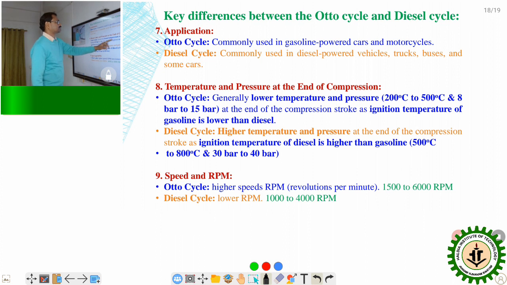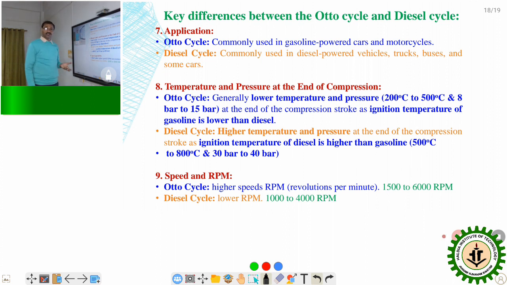And what is the value? The temperature is 200 to 500 degrees centigrade in case of petrol or Otto cycle, but in case of diesel, 500 to 800 degrees centigrade. And the pressure in Otto cycle is 8 bar to 15 bar, but in diesel cycle, 30 bar to 40 bar, very high pressure.